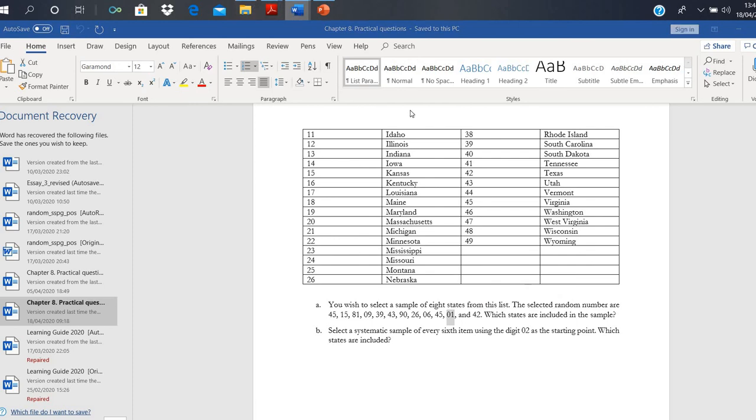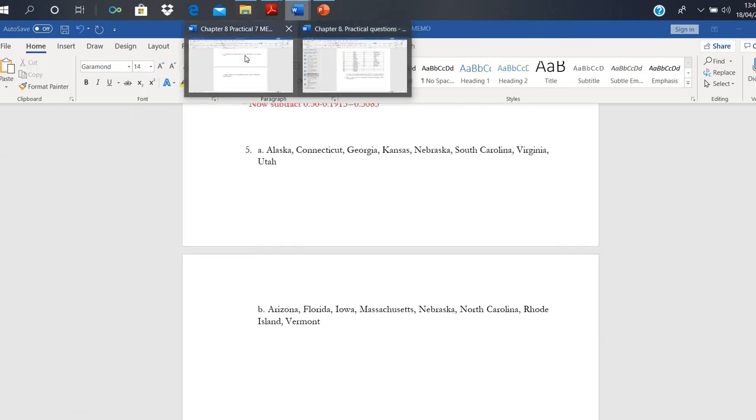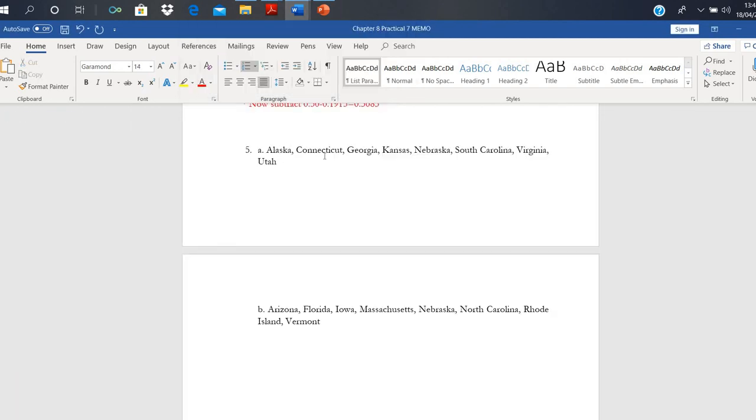You see. So after Alaska, you will have Florida, Massachusetts, Nebraska, and so on. No, sorry, you have Alaska, Connecticut, Georgia, Kansas, Nebraska, South Carolina, Virginia, and Utah. Those are the states that will be included.